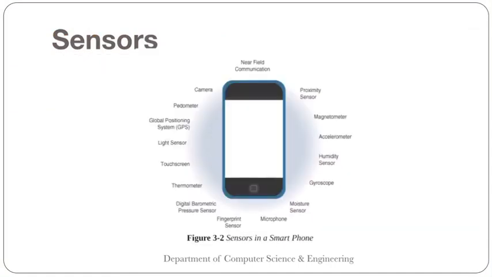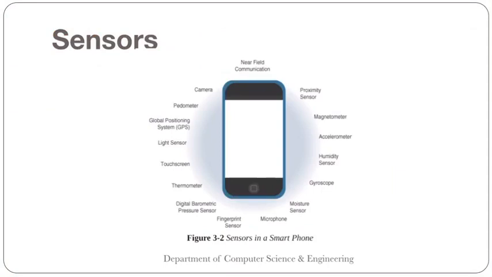Now let's look at the most familiar example of the different kinds of sensors. We are already using so many of them in our day-to-day life, right? Just consider our smartphone. What all sensors does it have? It has a proximity sensor, which detects the presence of nearby objects. Then magnetometer, and accelerometer, which detects the orientation of your phone, how you are holding it.